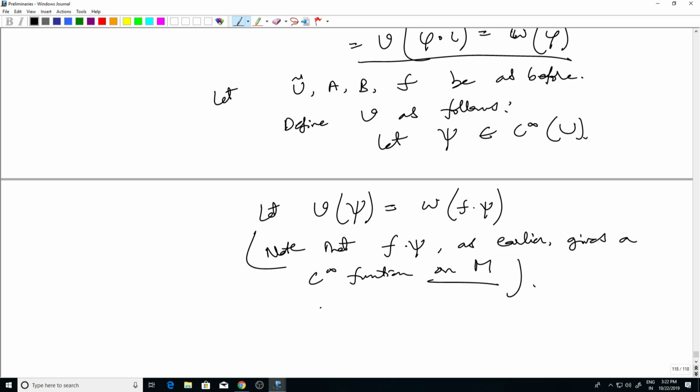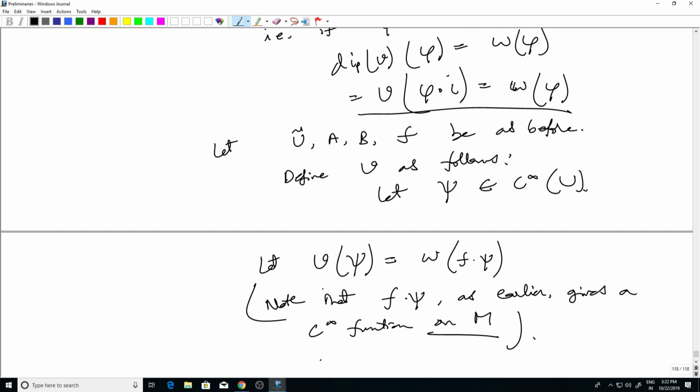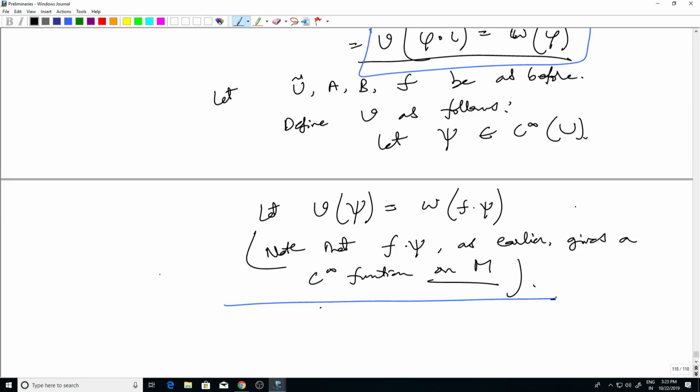Then, of course, I have defined something, but I want to check that this equation holds. After all, that's the meaning of having defined something. So let me check that that equation holds.